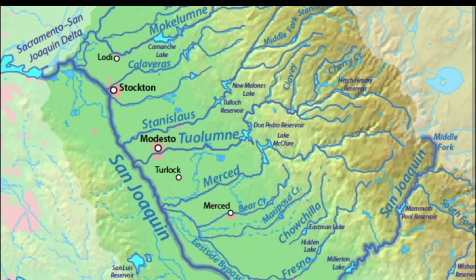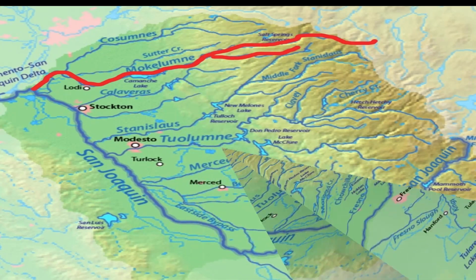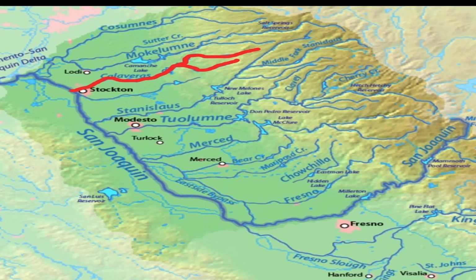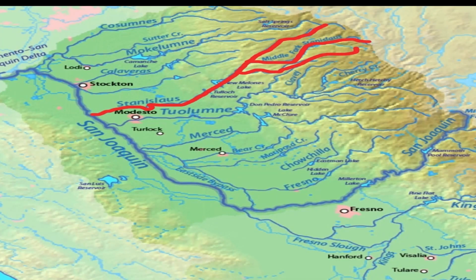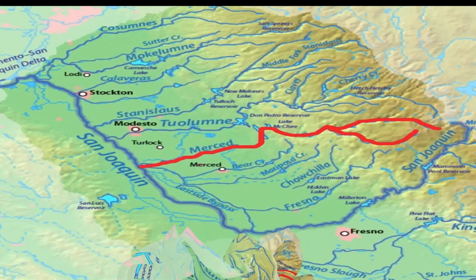Along the way it takes on the water of 5 other major rivers that flow out of the mountainous border of the Central California Valley: the Mokelumne, the Calaveras, the Stanislaus, the Tuolumne, and the Merced Rivers.